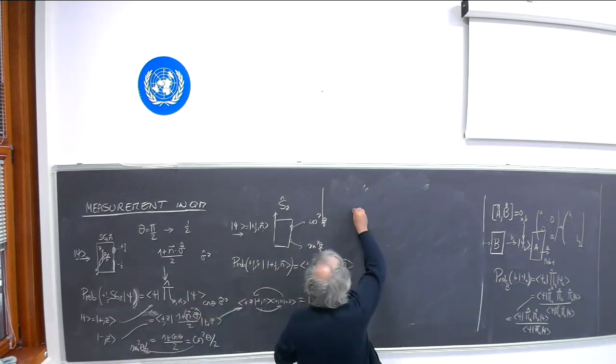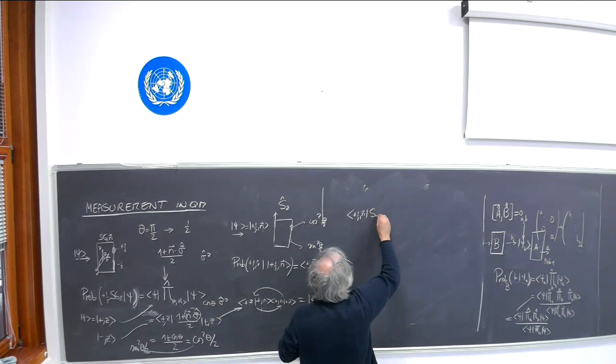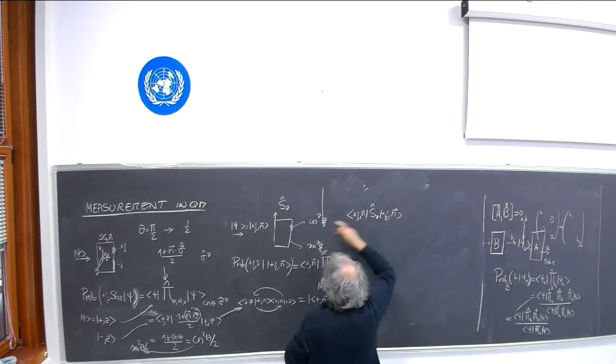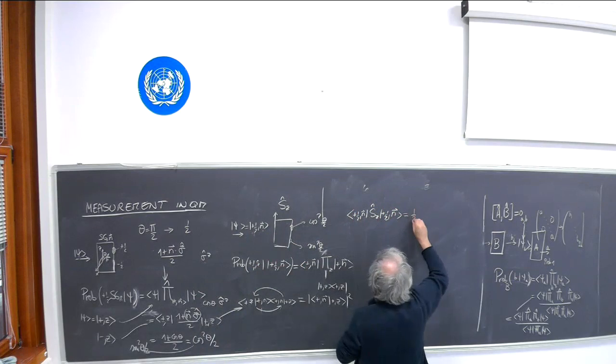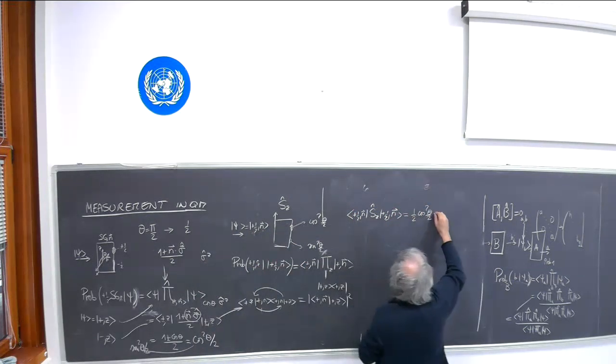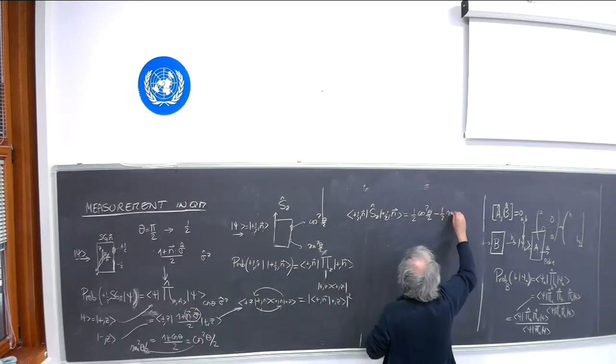So the average of sigma z measured on the state prepared to be plus n is equal to 1/2 times the cos square of theta over 2 minus 1/2 times the sine square of theta over 2.